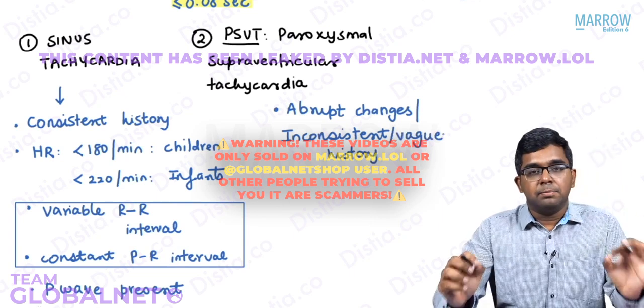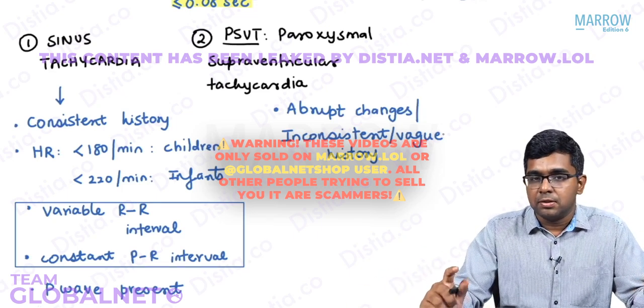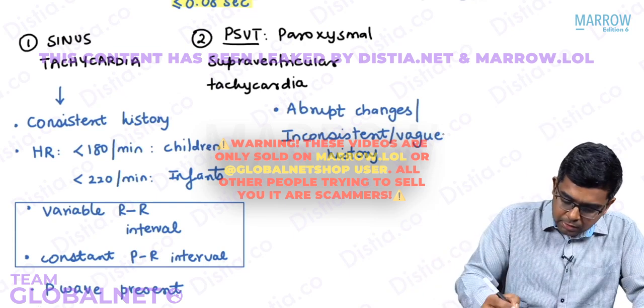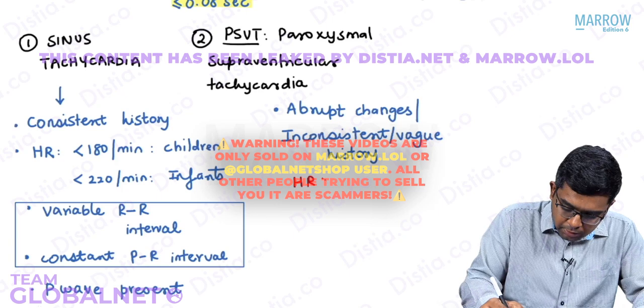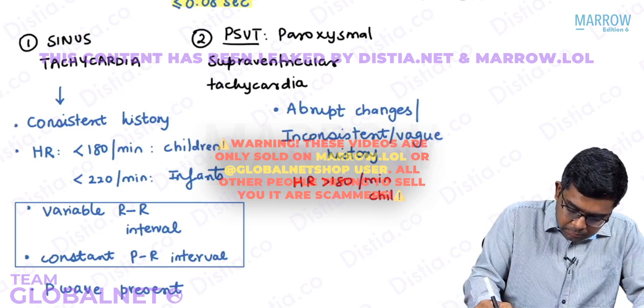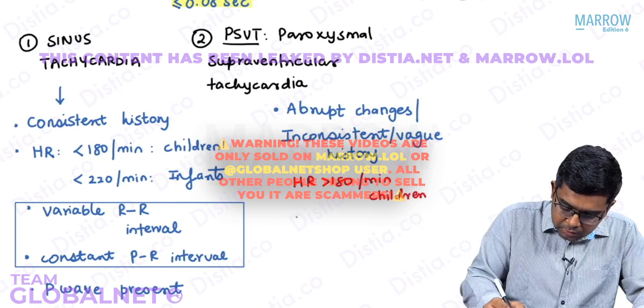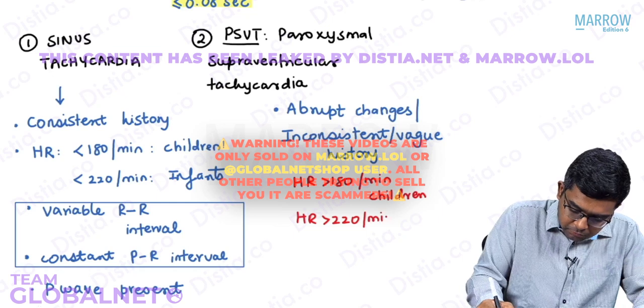So remember, abrupt increase in the heart rate with a very vague or a non-specific history, consider PSVT. Okay, and in this condition, the heart rate is more than 180 per minute in case of older children, and more than 220 per minute in case of infants.